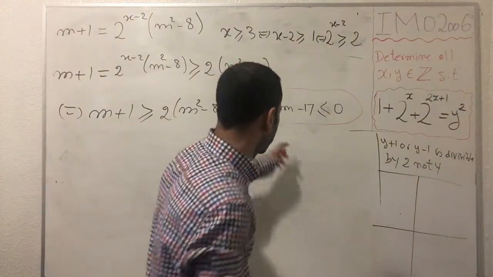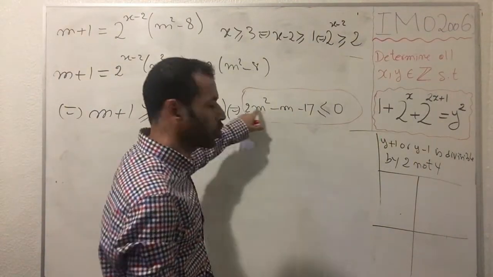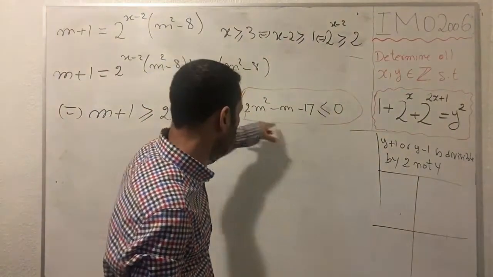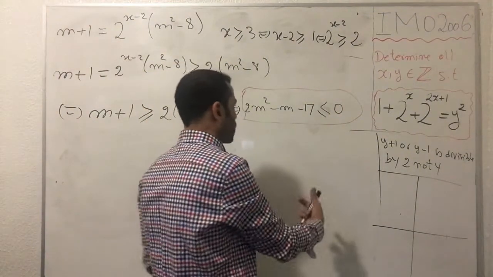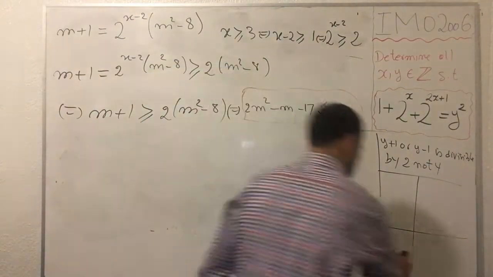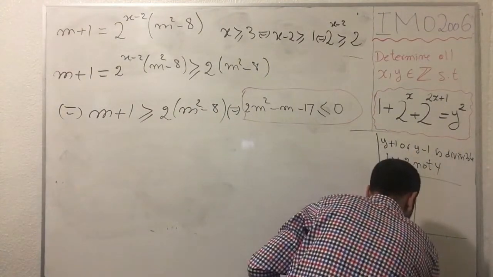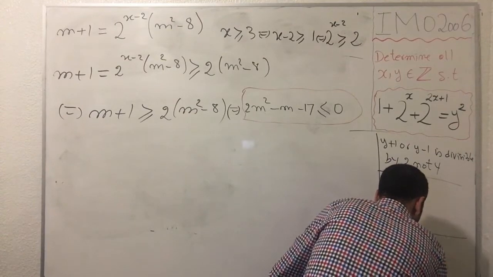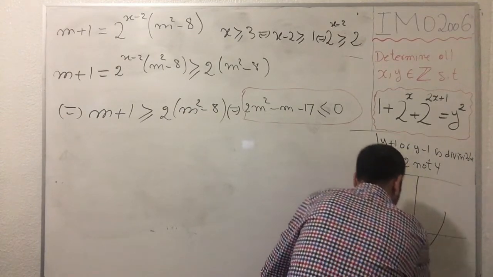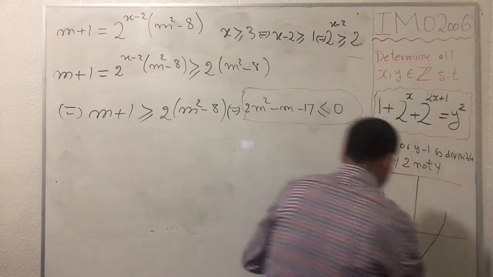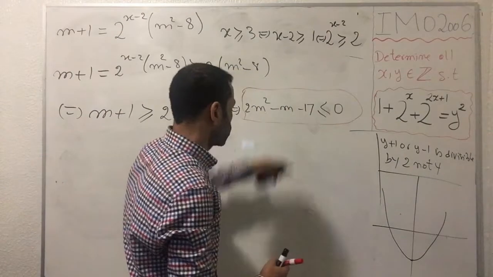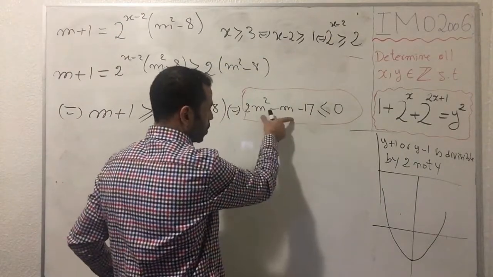So now I'm going to solve for m. If you take a look, we are going to give the general picture of this function. This is an upward-facing parabola, because the minus 17 is at the bottom. So this is the general picture of this function, and this function should be negative. What does this mean?